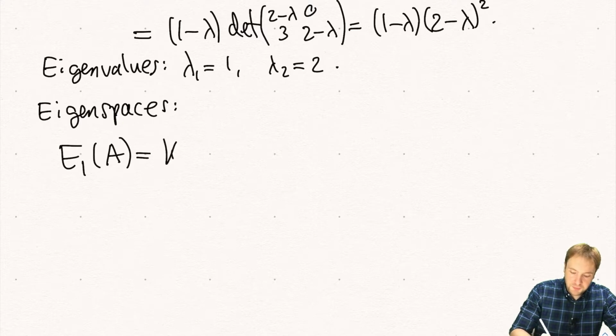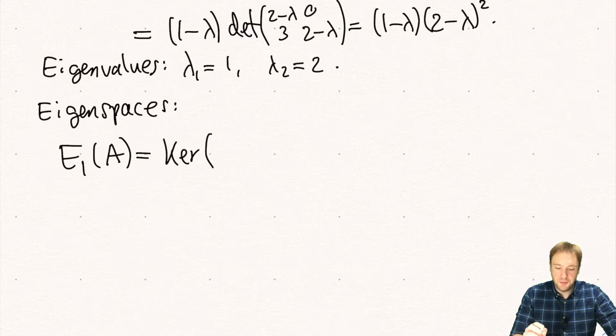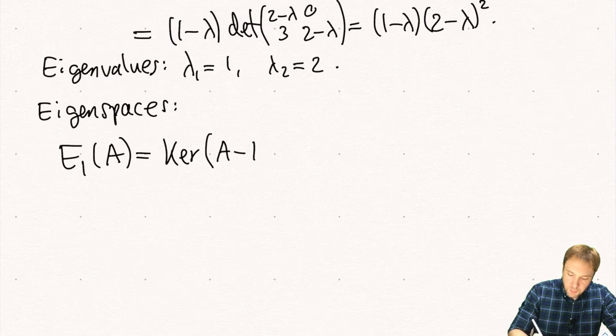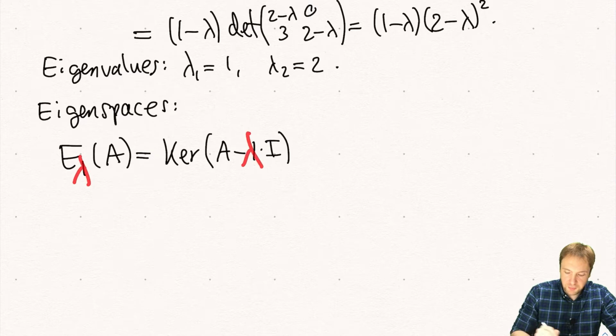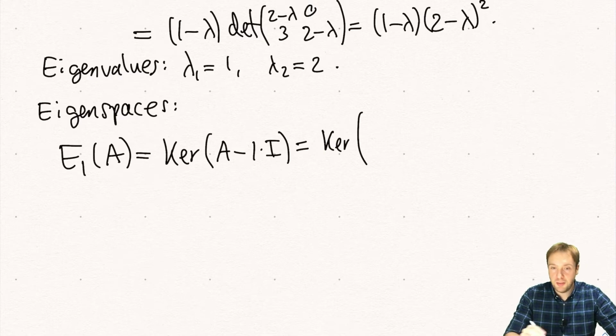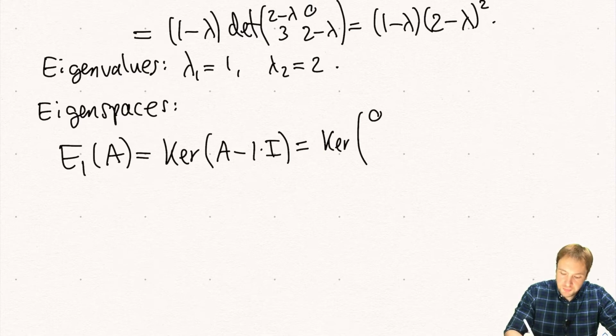This is the space of all eigenvectors for this eigenvalue plus the 0 vector, and this we define to be the kernel of A minus 1 times the identity matrix, or in general, if I have lambda here, the kernel of A minus lambda times the identity. In this case, it's just the kernel of the matrix A where I subtract 1s on the diagonal.